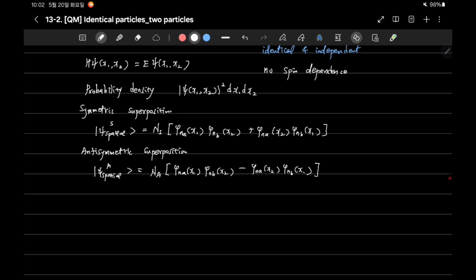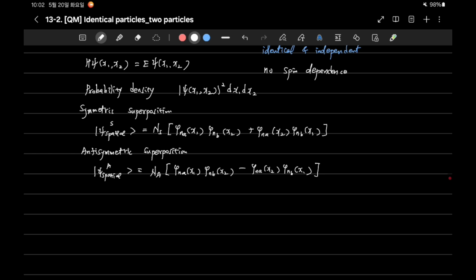In this case, when we exchange the two particles, A at x1 and B at x2 with A at x2 and B at x1, a minus sign appears. So exchanging two particles at x1 and x2 makes a minus sign, so it is an antisymmetric superposition.